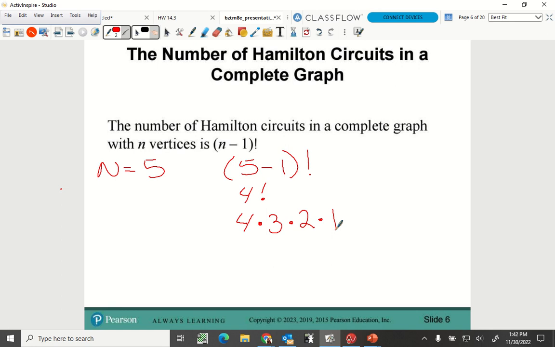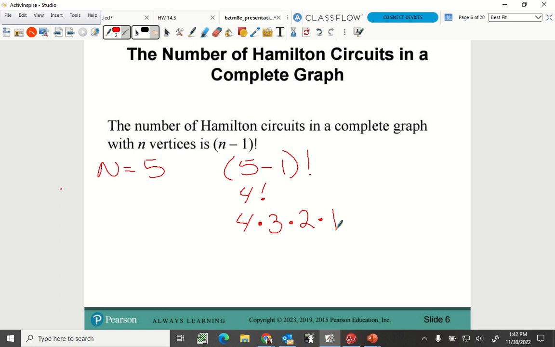It's a mathematical term. Whenever you see the exclamation point, it means 4 times 3 times 2 times 1. If it's 5 factorial, it would be 5 times 4 times 3 times 2 times 1. It's always just going to be all the numbers from that number down.